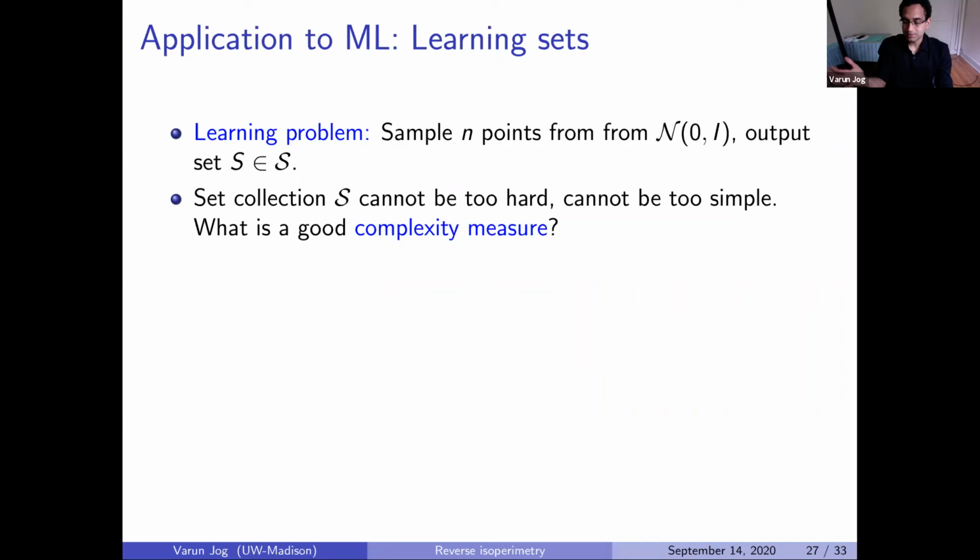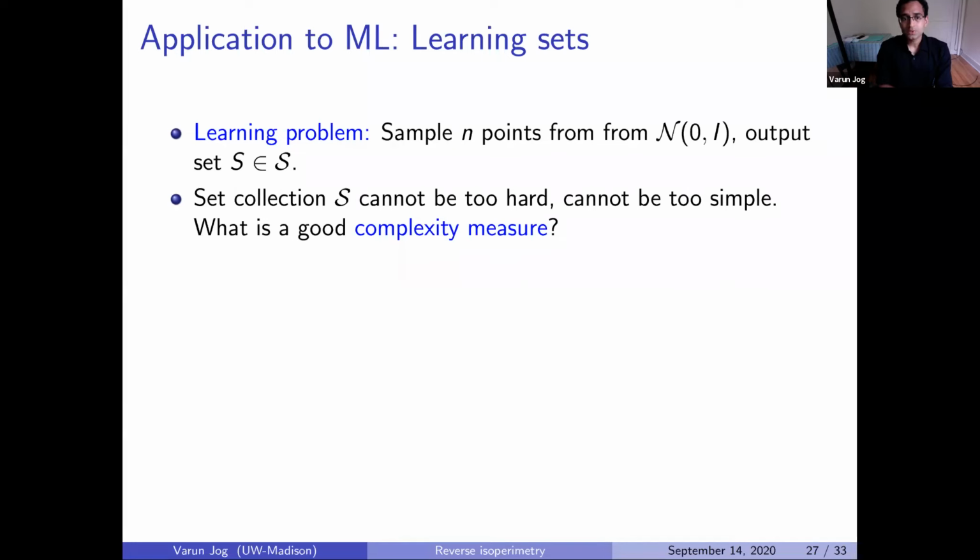You can ask many questions, and for some of these points you'll get an answer yes, for some of these you'll get an answer no. But looking at the answers, you want to then say that, well, I think the shape is approximately this. Approximately means that the difference between the set that you estimate and the actual set in the Gaussian measure is as small as you want, smaller than epsilon.